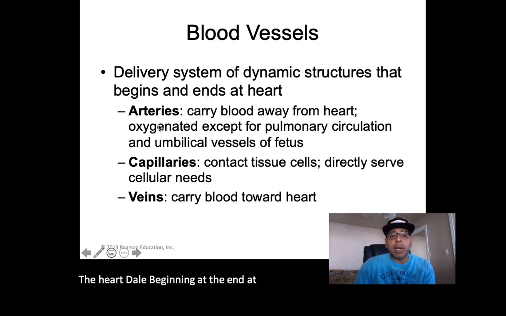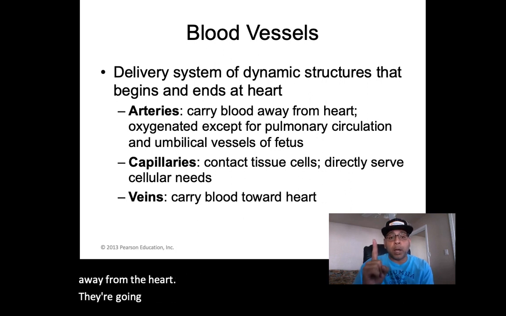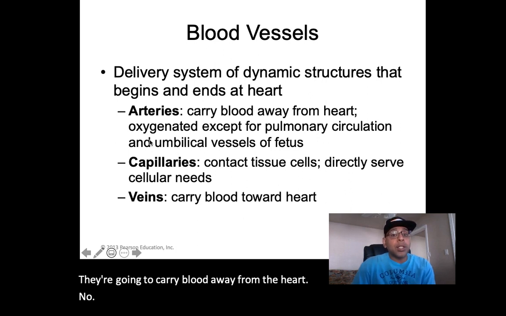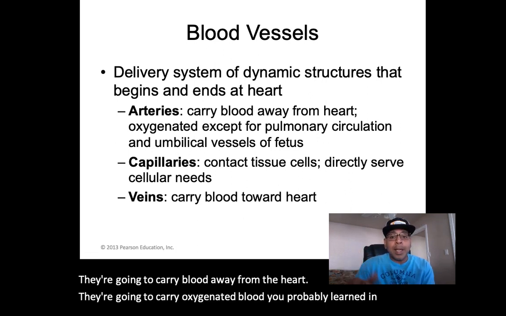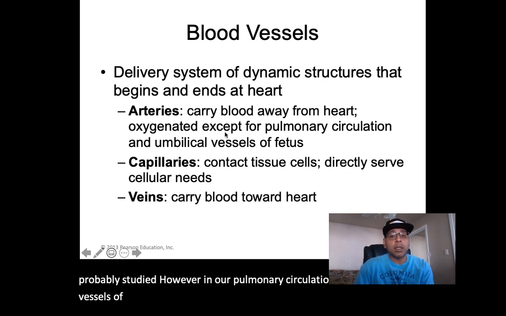So when we talk about arteries, I want you to think of arteries as blood vessels that carry blood away from the heart. They're going to carry oxygenated blood, as you've probably studied. However, in our pulmonary circulation and the umbilical vessels of the fetus, it's not going to be true.